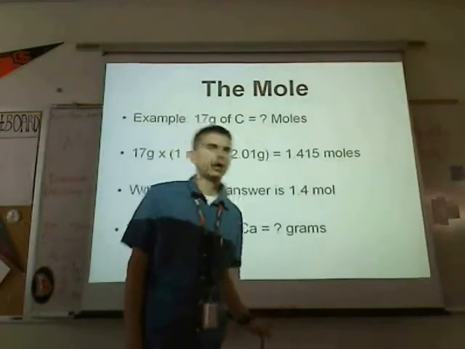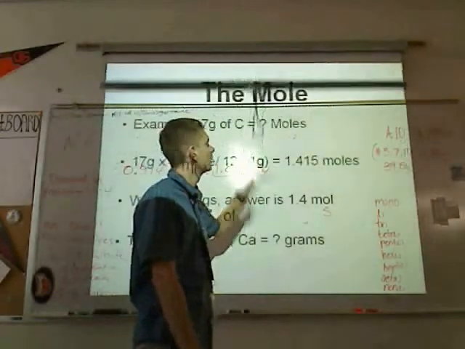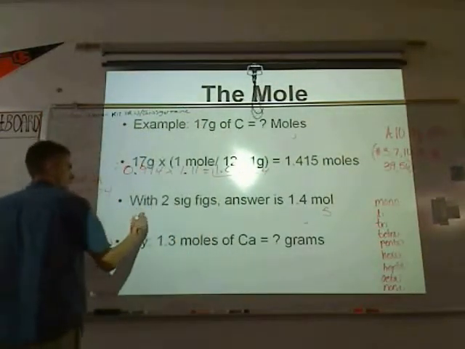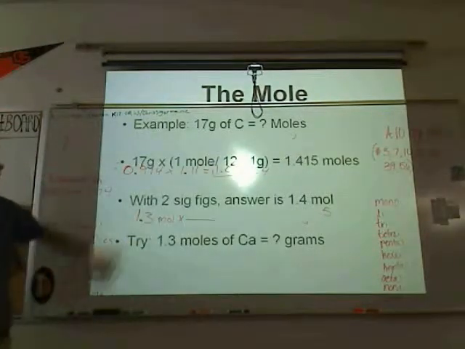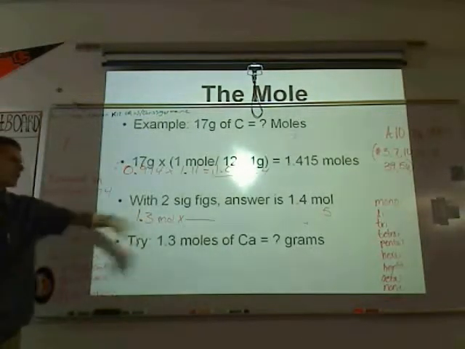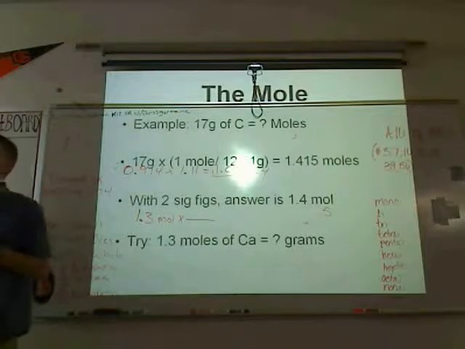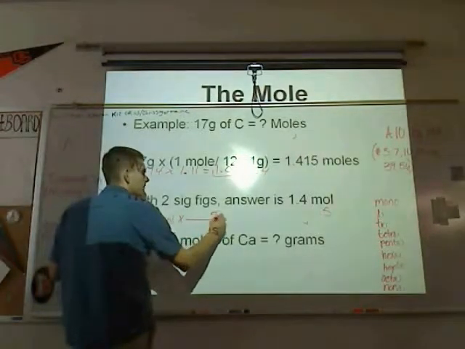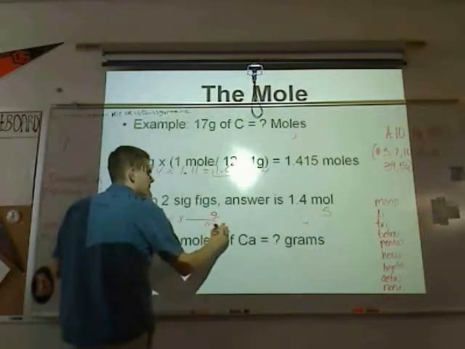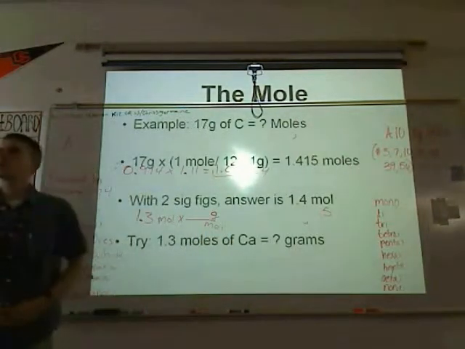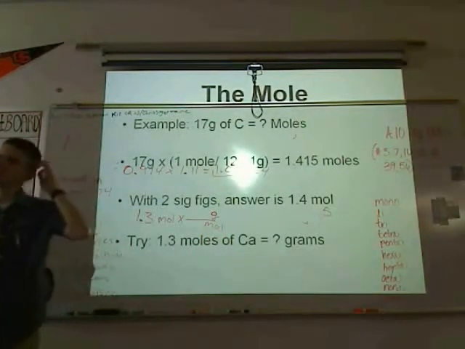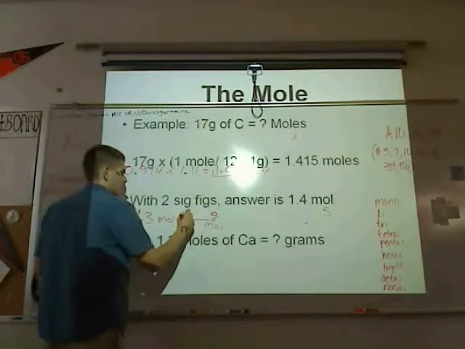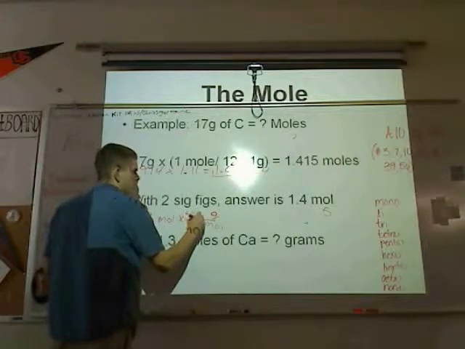Smart board mode engaged. Alright, 1.3 moles times in a line. What am I trying to get to? Grams. So grams goes on top, moles goes on the bottom. I look at my periodic table, I look for the conversion. What's my conversion? 12.01 grams. How about 40.08?